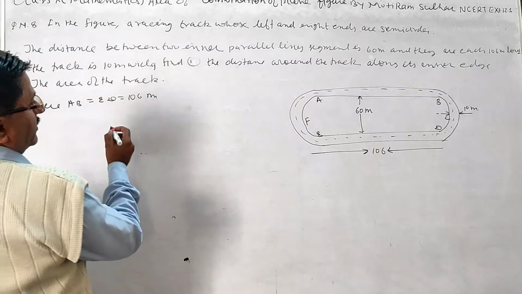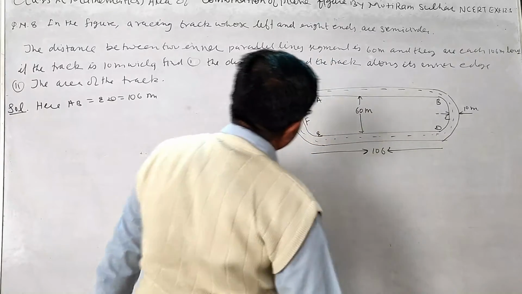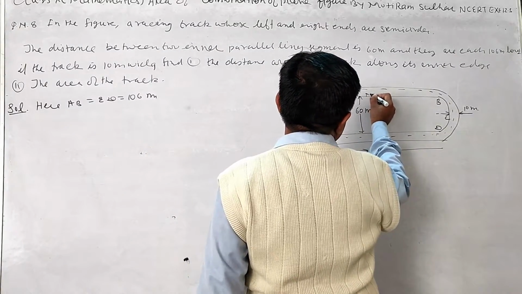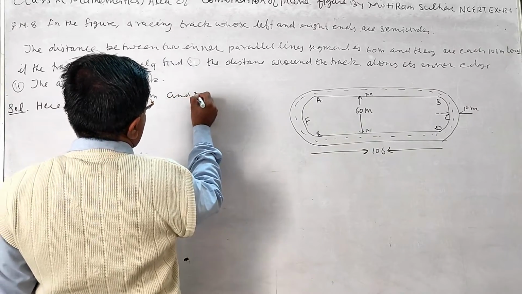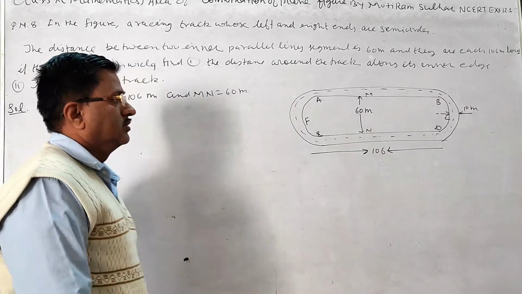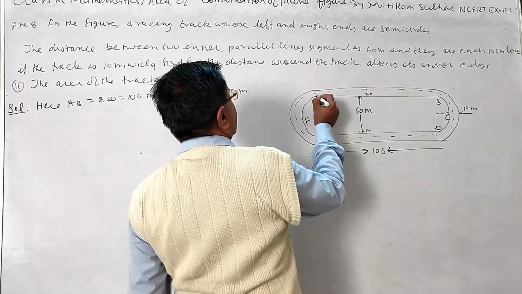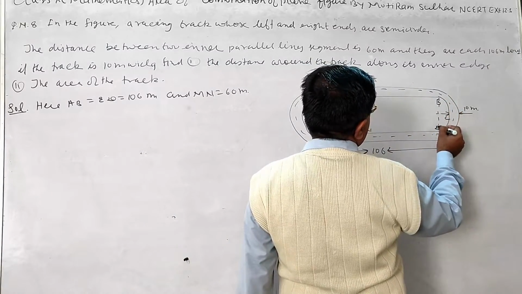And the distance between these two, suppose we call it MN, and MN equal to 60 meter. Okay? So this MN will work as a diameter. This is also we can say 60.